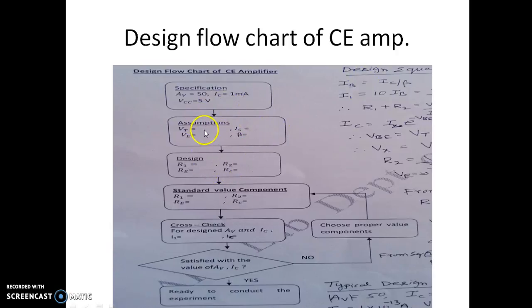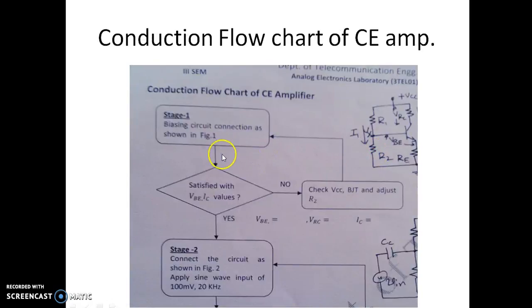First you assume the constants, then you design the values of R1, R2, RE as well as RC. Then you use the standard resistances and cross check again. If you're okay, then you can proceed with the conduction of the experiment.